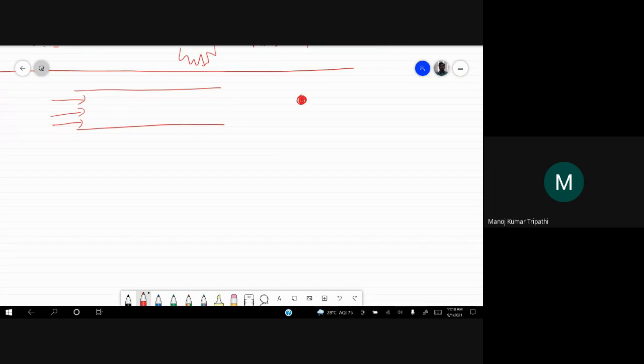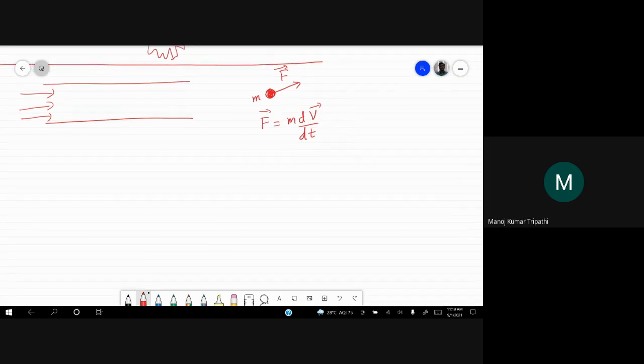What you do is some force acting on this ball F and given mass, you can write force equal to ma, mass times acceleration. Acceleration you can write as derivative of velocity with respect to time, dv by dt. And then you can integrate this equation to calculate the velocity of this ball.